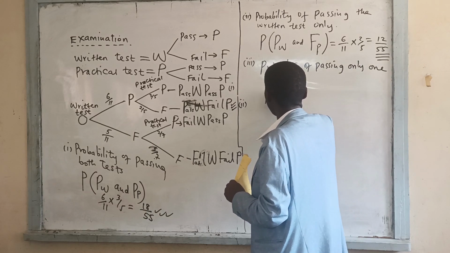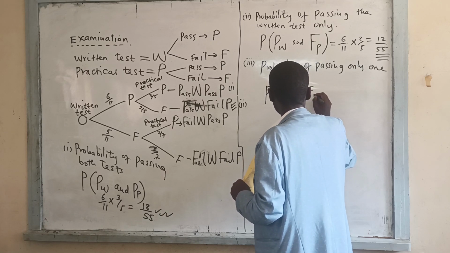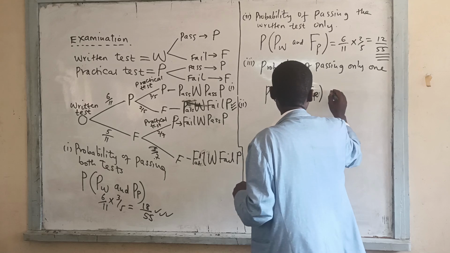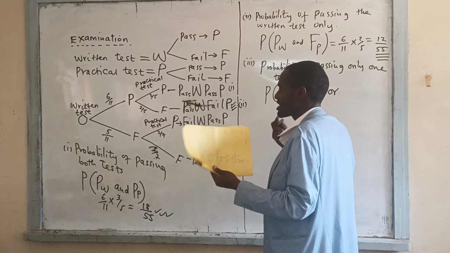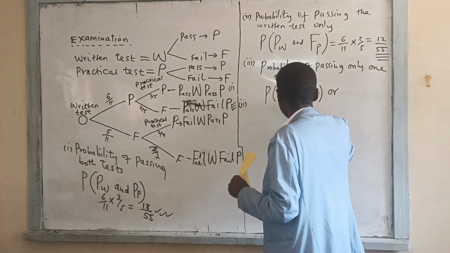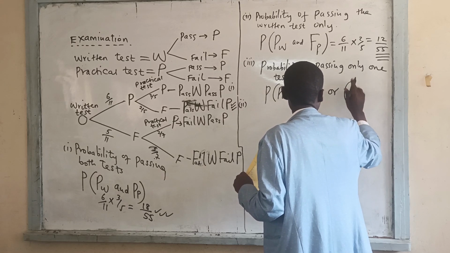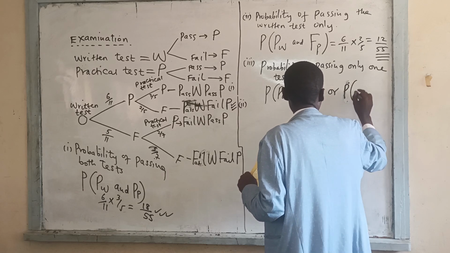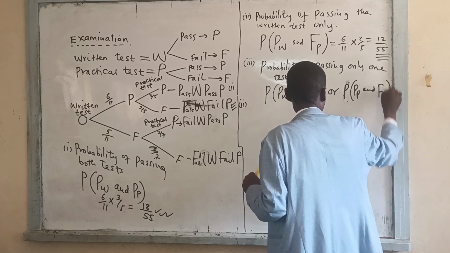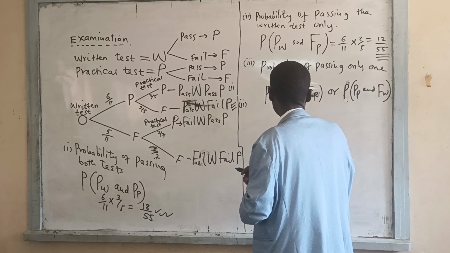You say probability of passing the written test and failing the practical test, because there's only a possibility of passing one test. Or as well, you can say probability of passing the practical test and failing the written test. Those are the possible options or outcomes for us to come up with.